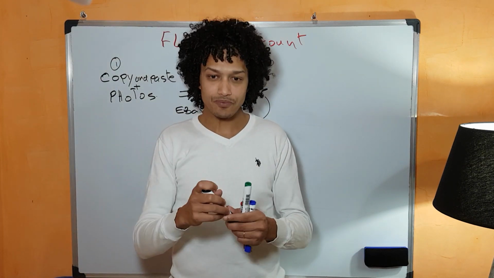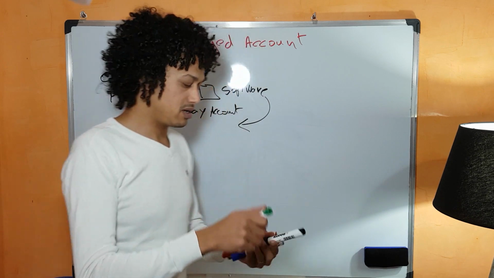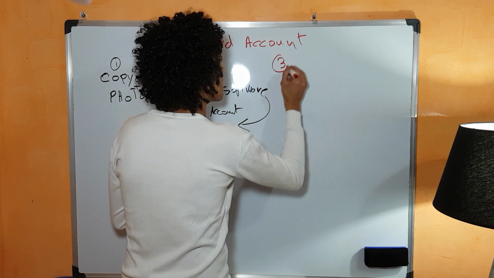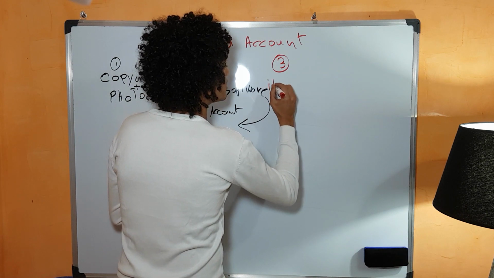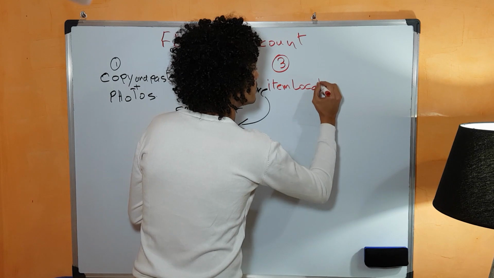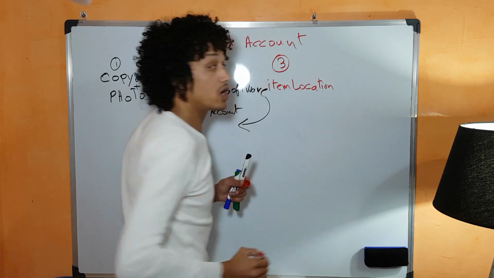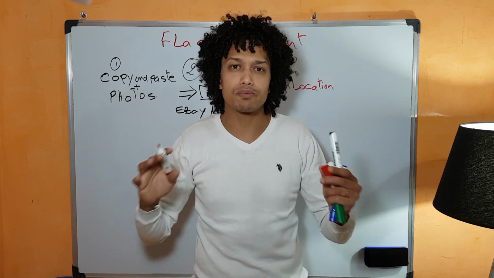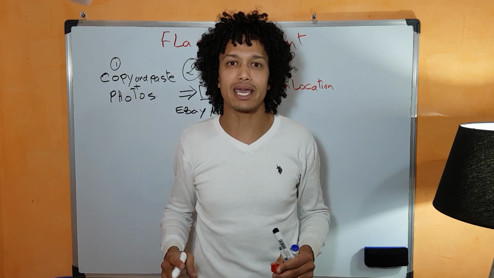The third one is item location. Alright? Item location is a huge problem for all dropshippers in your account.